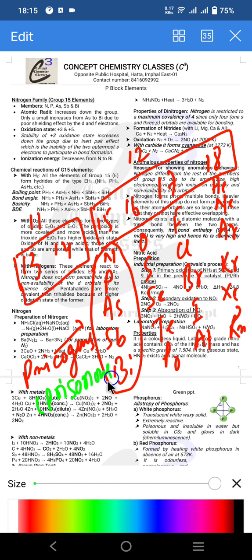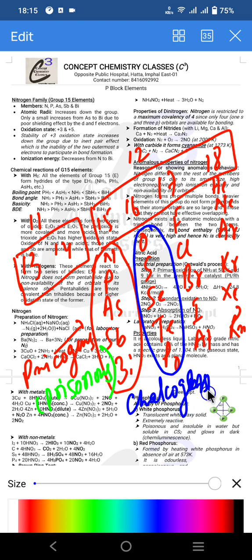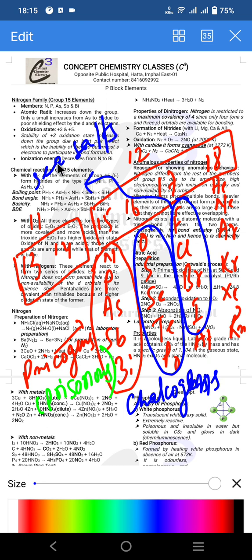Group 16 elements are called chalcogens because they are present in the form of ores or minerals, while group 17 elements are called halogens because they are present as sea salts.